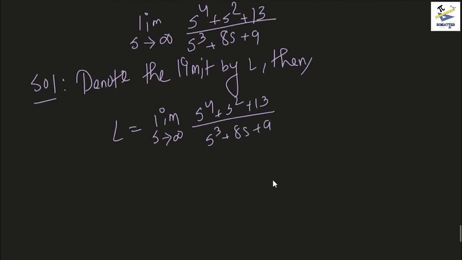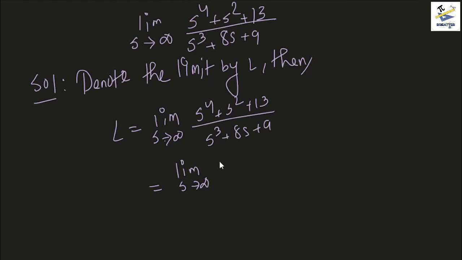Right, so when we have two polynomials dividing each other and the limit of the variable goes to infinity, we try to reduce the power of the highest variable. So we divide up and down by s to the power 4, because otherwise if a single part of s remains in the numerator, that would itself go to infinity, so the answer would be infinity then.